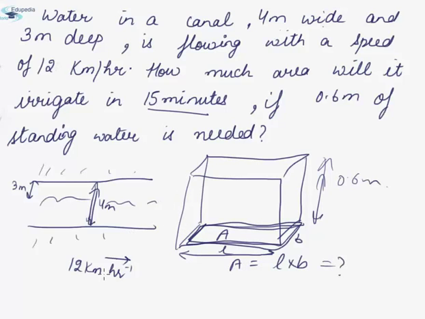Friends, what does this flow signify? This rate of flow signifies that in 1 hour 12 km of length is covered by water. That is, if there is some water film assumed to be here, in 1 hour it will cover 12 kilometers and reach here with a distance of 12 kilometers.